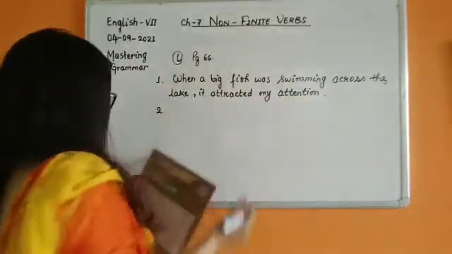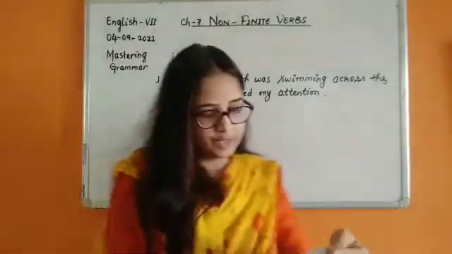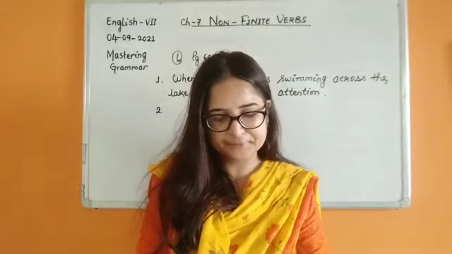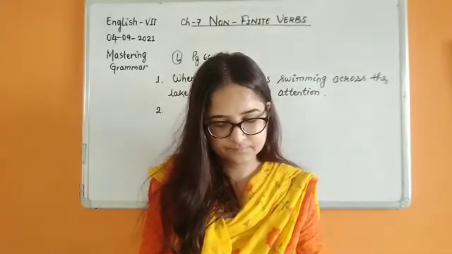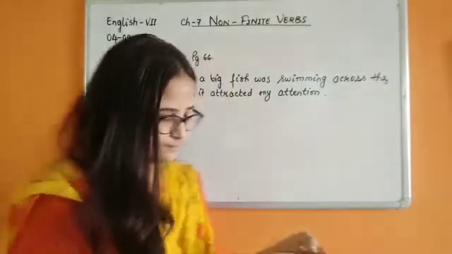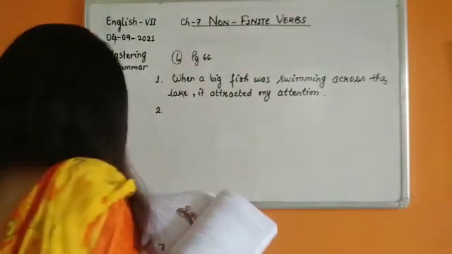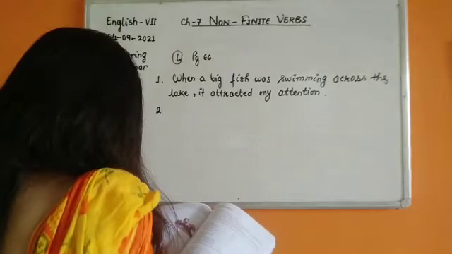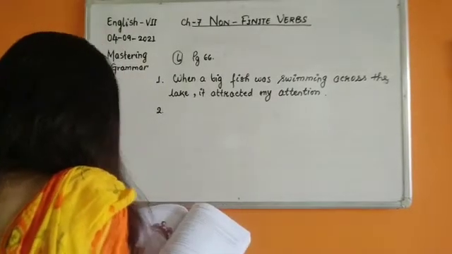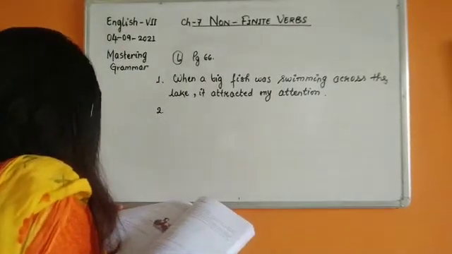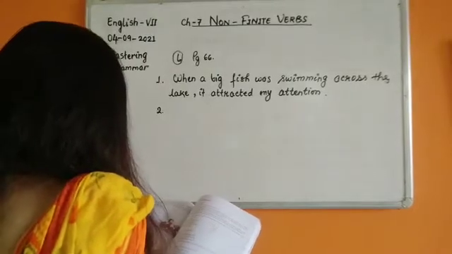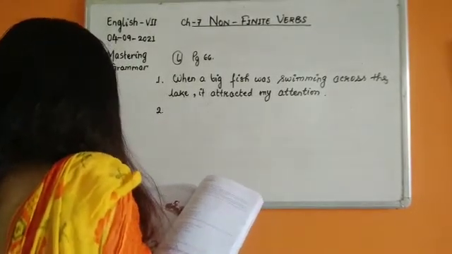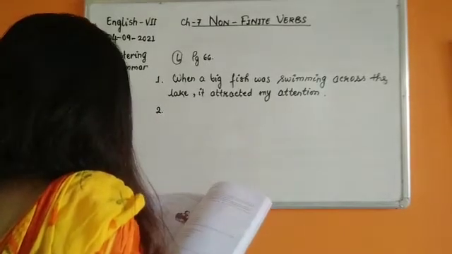Number 2. Reading the poem again, the meaning became clear. Okay? Now see here, children, we can write like this.